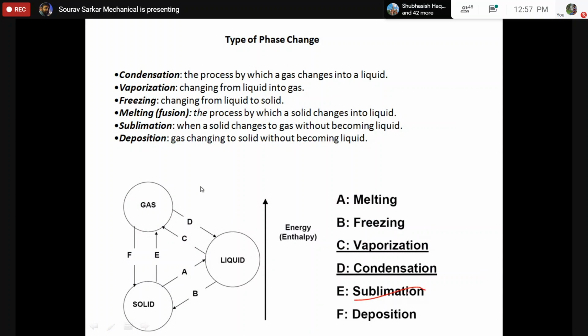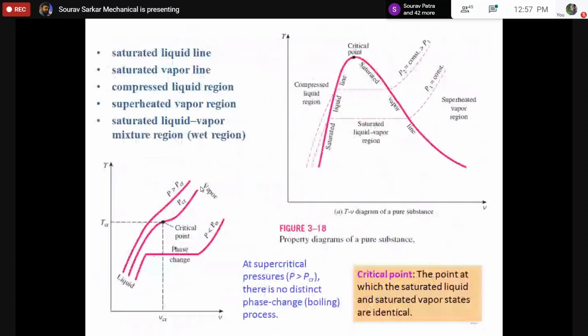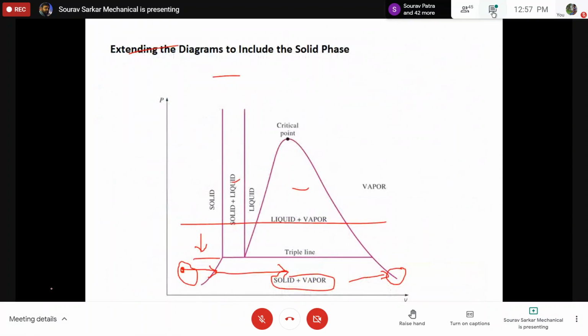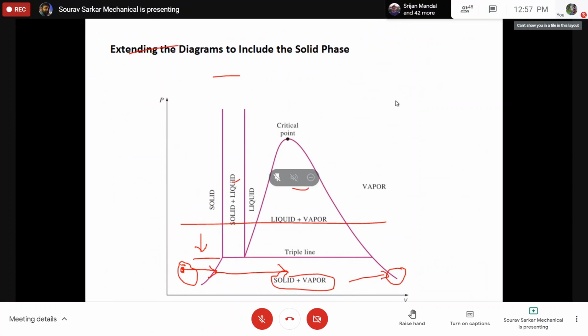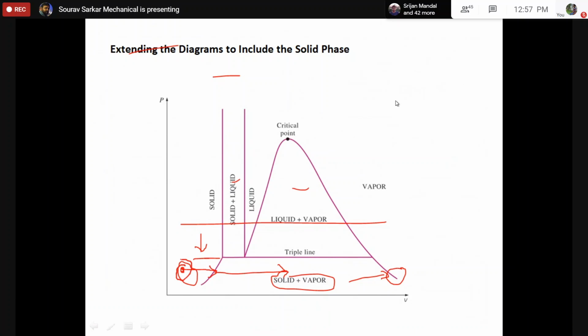So what is sublimation? When the solid directly converts into vapor, and this happens if you go to very low pressure. After a certain critical pressure, if you go very low, the solid will directly convert into vapor, and whenever it is converting into vapor, there is a line.